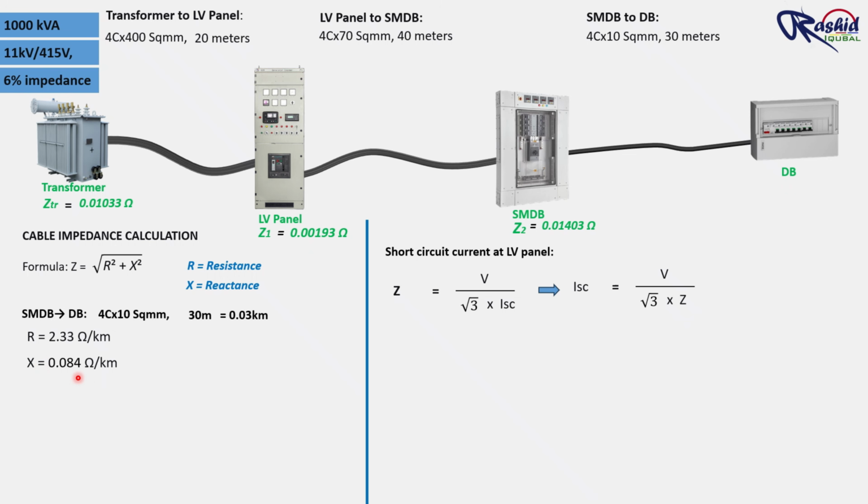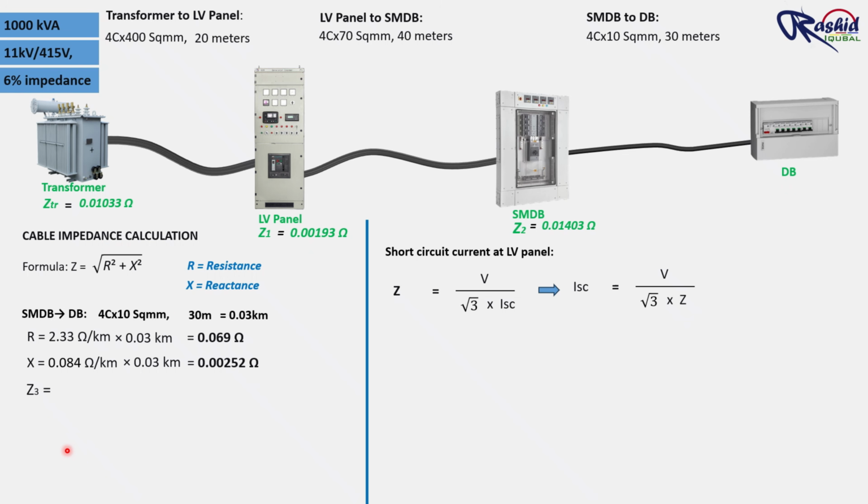So let me multiply resistance by 0.03. It gives 0.069 ohms, and multiplying reactance by 0.03, which gives 0.00252 ohms.